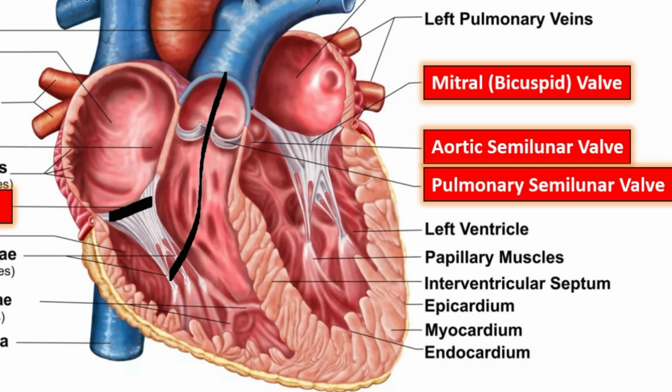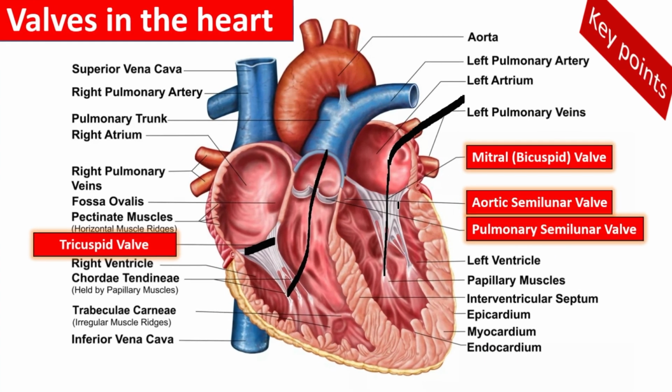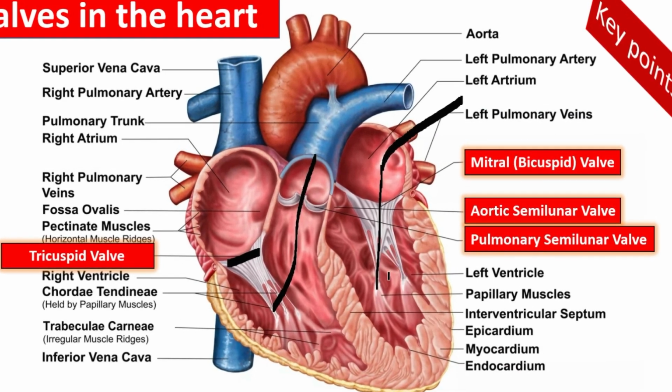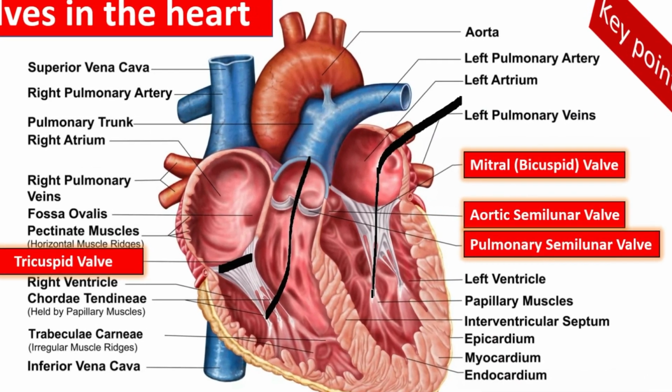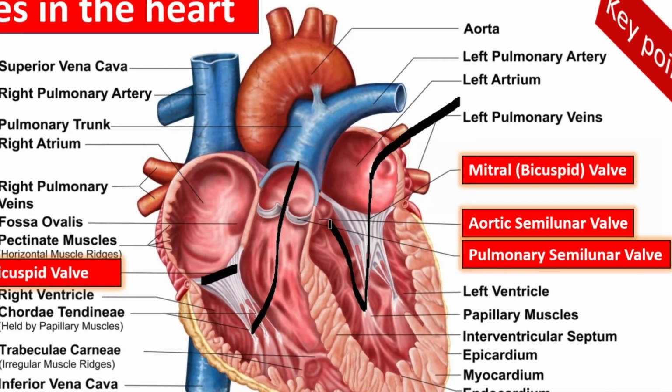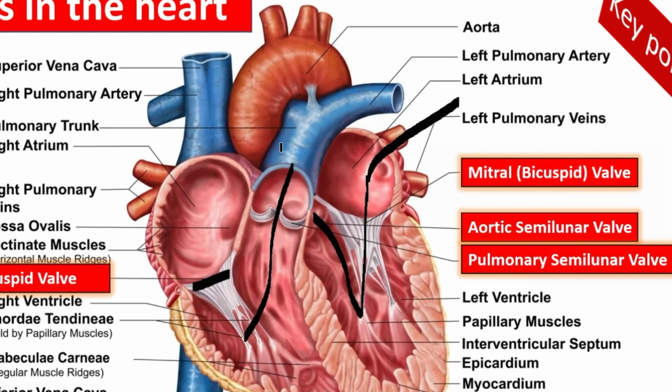From this, it will go to the lungs. And from the lungs, oxygenated blood will enter this left auricle. From the left auricle, the blood will move into the left ventricle through this mitral valve or bicuspid valve. Again, when the ventricle contracts, blood from the left ventricle will move into the aorta.